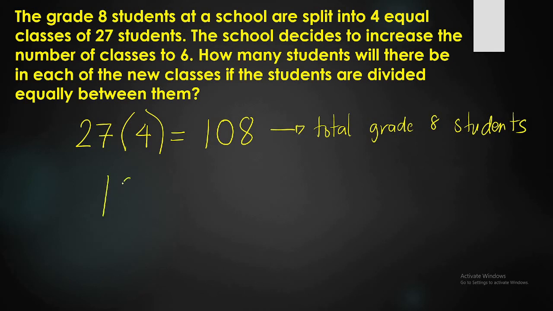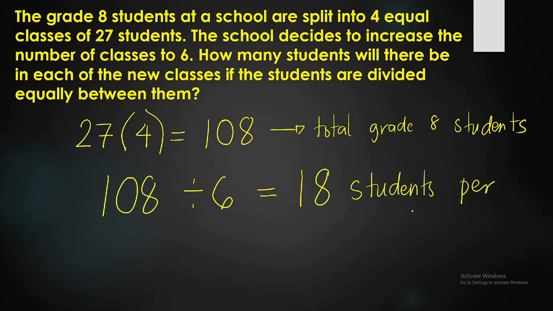So 108 divided by 6. I agree with that. Now, Jay, what is 108 divided by 6? How much, Jay? 18. So, meaning there will be 18 students per class.